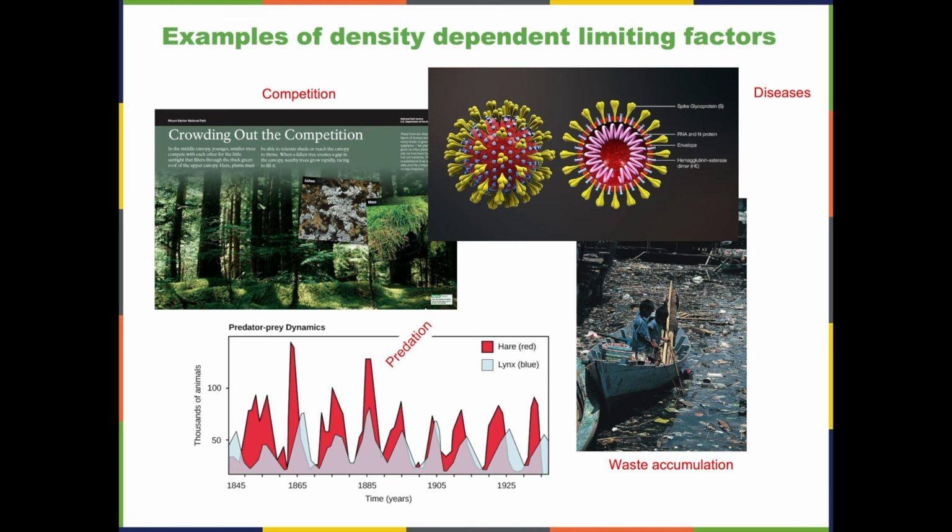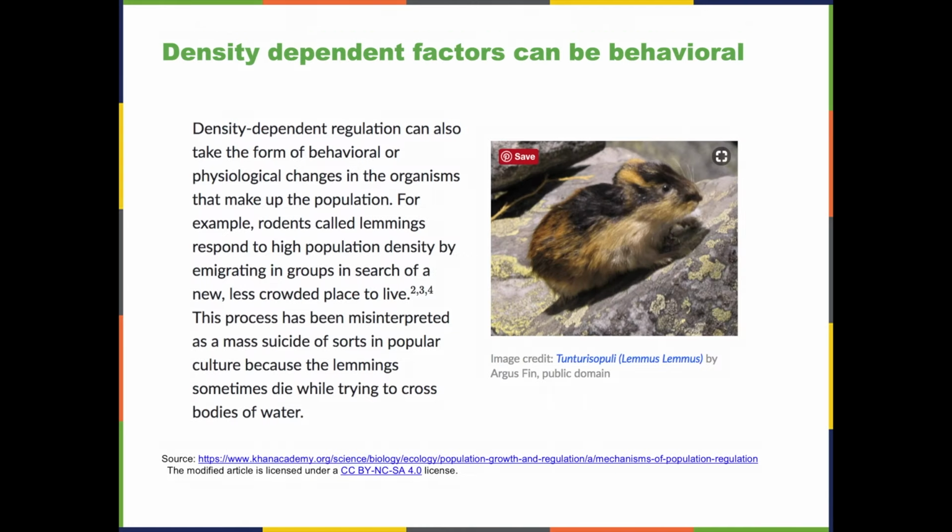Waste accumulation is another density-dependent factor that limits the growth of a population. The more trash and waste is accumulated, the more diseases come, the more toxicity is available, which causes death. Some density-dependent factors can cause behavioral changes. So this is lemmings. When the density of their population increases, they pick up and go somewhere else.